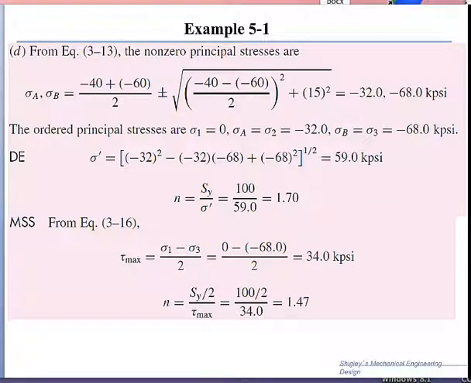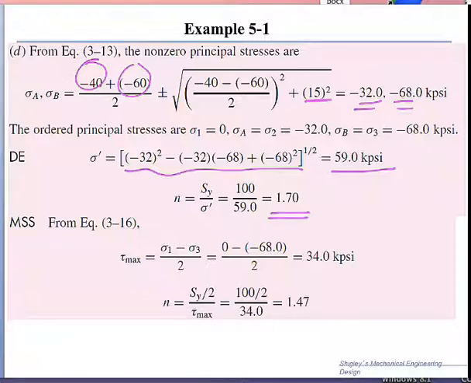In case D, we have negative principal stresses here, but it doesn't matter, and a shear. So we get the 2 principal stresses that turn out to be negative. We use the same formula, so it turns out that the von Mises stress is positive, and it gives us a yield stress factor of safety of 1.7.